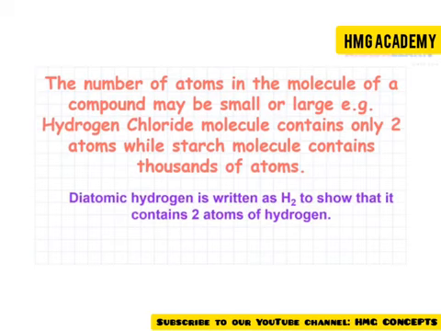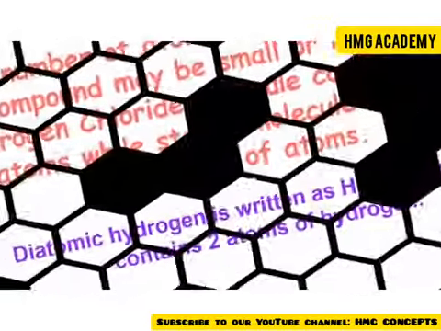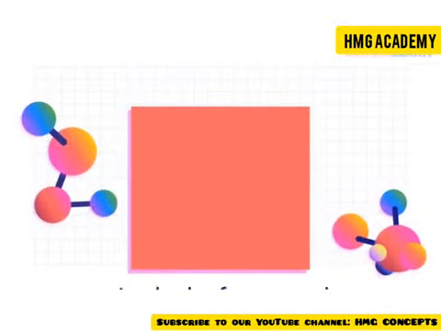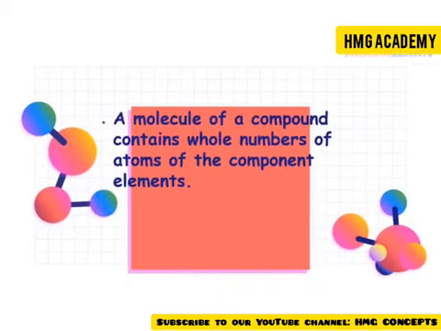Diatomic hydrogen is written as H2 to show that it contains 2 atoms of hydrogen per molecule. A molecule of a compound contains whole numbers of atoms of the component element, that is, no fractions.